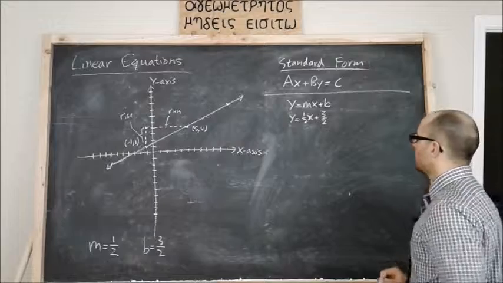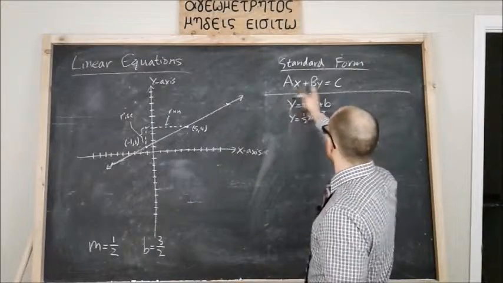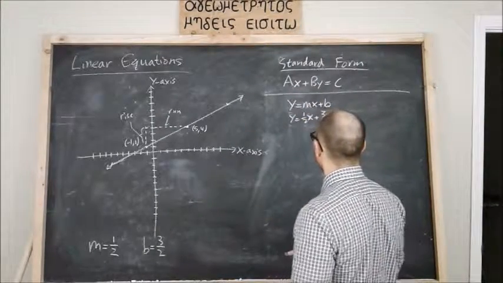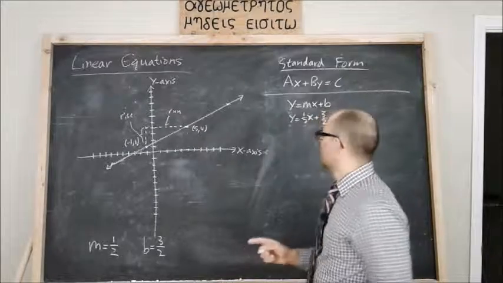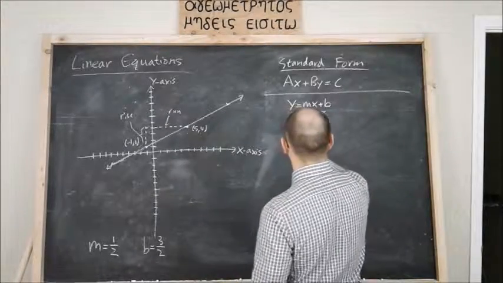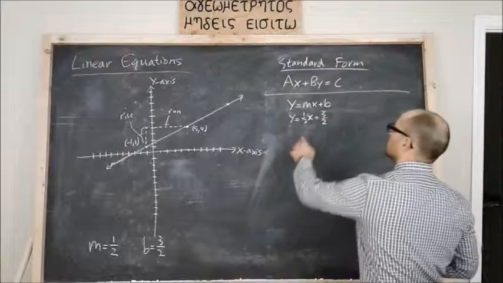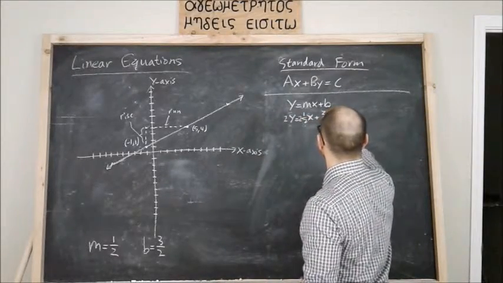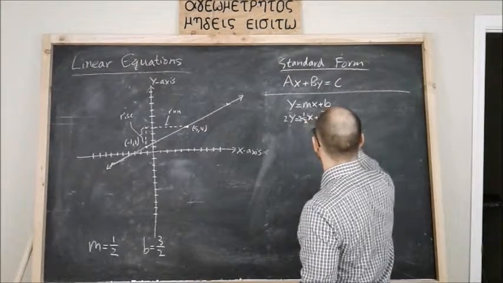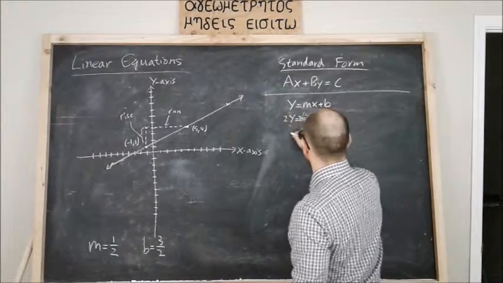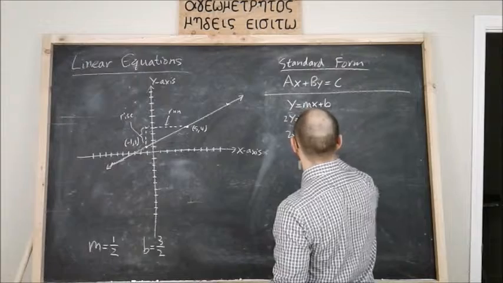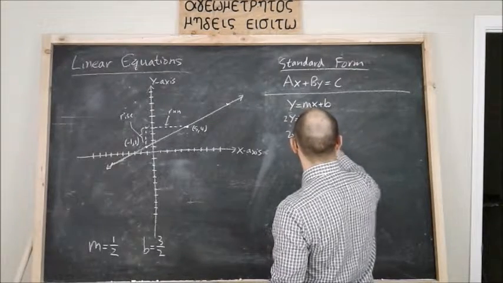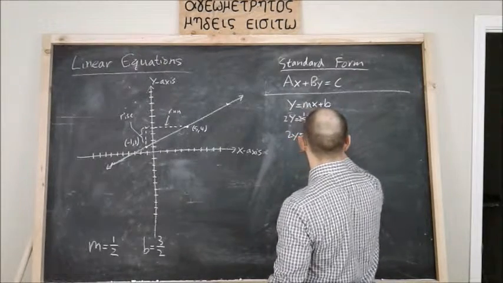What can I do here? I want to get x and y on the same side, for one thing. So how am I going to do that? Clear the fractions first. So if I multiply each term by 2, the 2 and 2 are going to cancel. So I'm going to have 2y is equal to 1x plus 3.